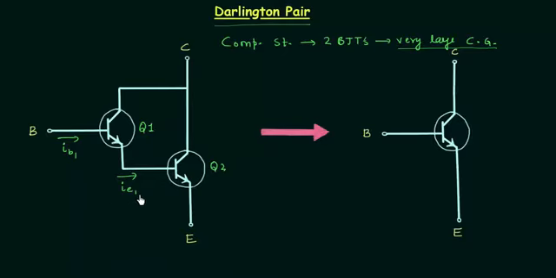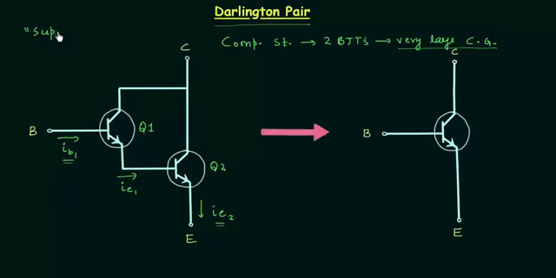This output current is further amplified by the second transistor Q2, and its output current is IE2. So the input current is IB1 for the Darlington pair, and the output current is IE2. There is double amplification, and because of this we also call this transistor a super beta transistor.